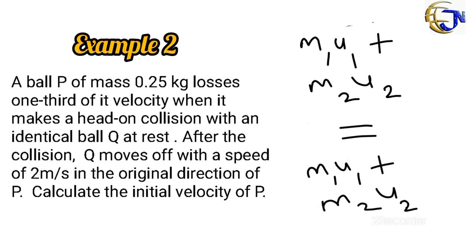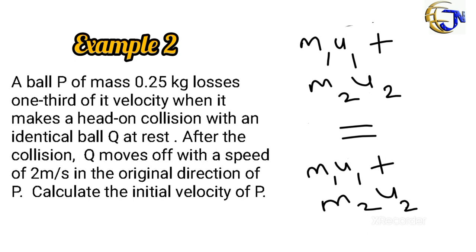Momentum before collision is equal to momentum after collision. So let's put in the values and get what we are looking for. But remember that these bodies all have the same mass, 0.25. So they are identical balls.